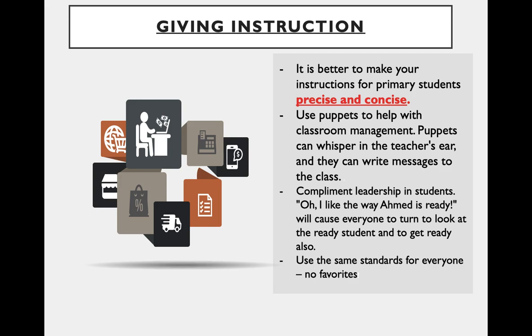You can use puppets to help with classroom management. For example, puppets can whisper in the teacher's ear, write messages to the class, draw the students' attention, and convey a message to a specific student.